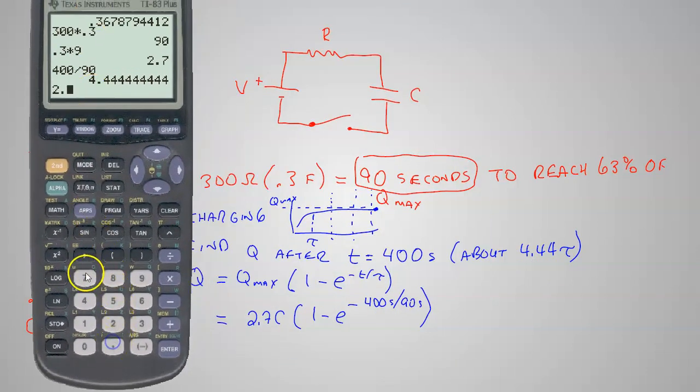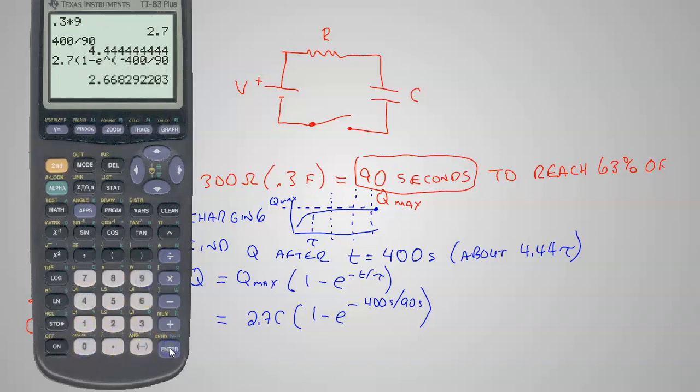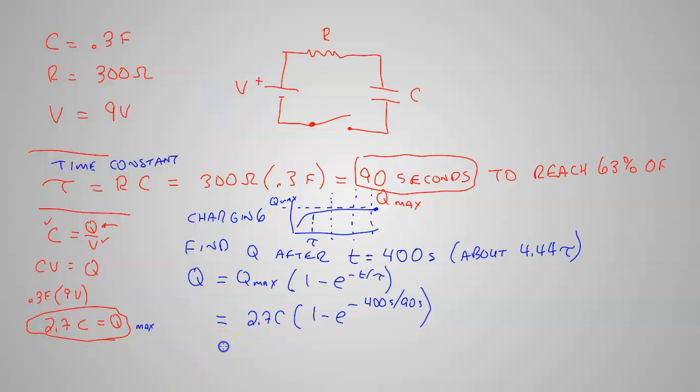I got 2.7 parenthesis 1 minus E, second natural log button, like that. Don't forget the negative. 400 divided by 90, and I'm at 2.67 coulombs. Okay, and like we said, not quite there, but we're getting close, right?